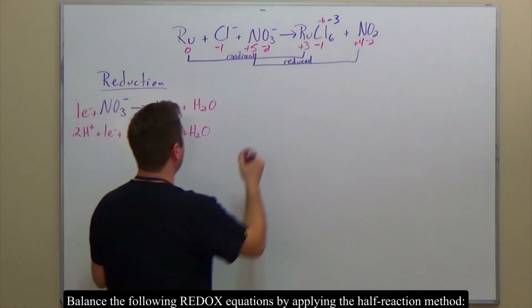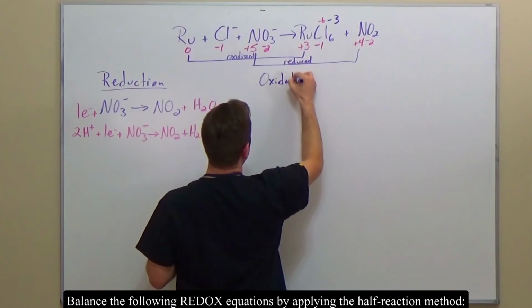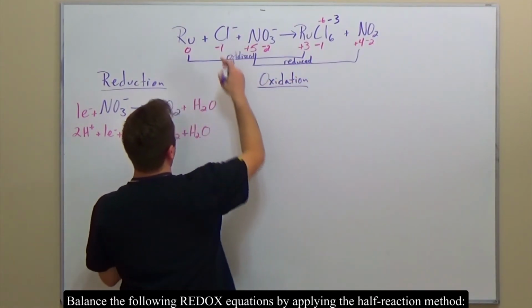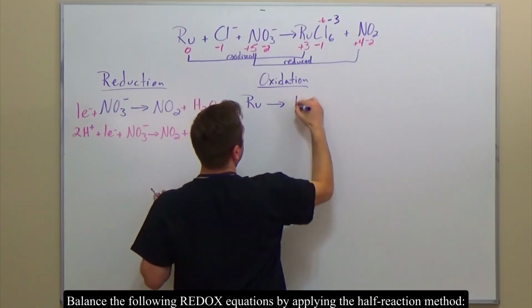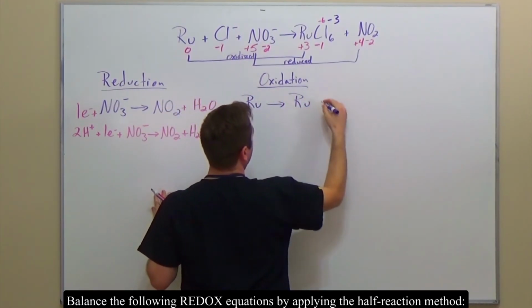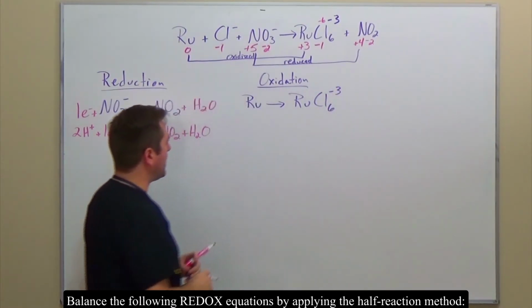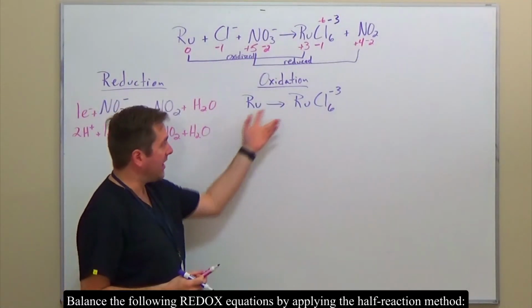Let's focus on the oxidation here. Oxidation. And it was the ruthenium to form this ruthenium 3 chloride ion. -3, okay? Make sure that the rutheniums are balanced, and they are.